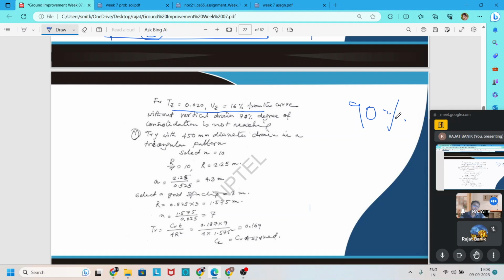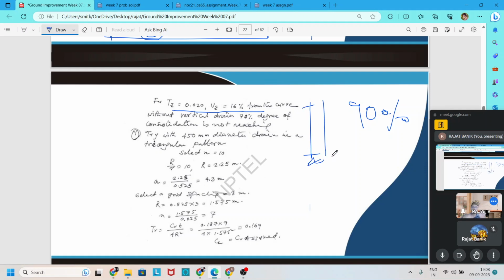So by preloading alone we cannot reach this 90%, because vertical consolidation only takes up to 16%. So we need to install vertical sand drains in this soil.